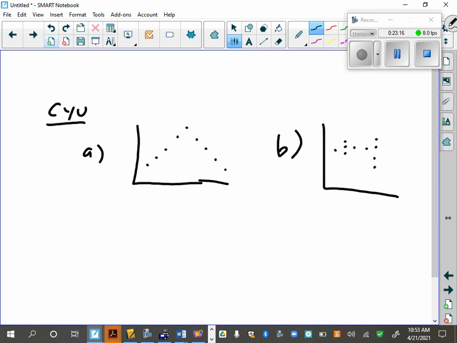Just write down yes or no. Yes, it is a function, and no, it is not a function. I think it's going to take more time for you to write it down than actually answer the question.